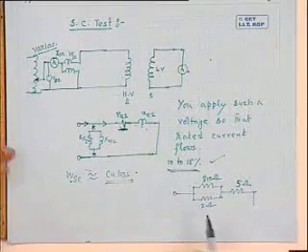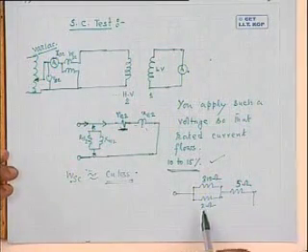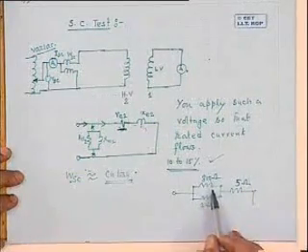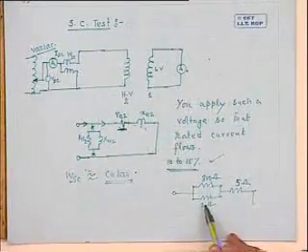What will be your answer? Tell me quickly. 7 ohm. Because the equivalent resistance between these two will be 300 into 2 by 302. So the equivalent resistance always comes out to be nearer to the lower value. So this comparison is important.